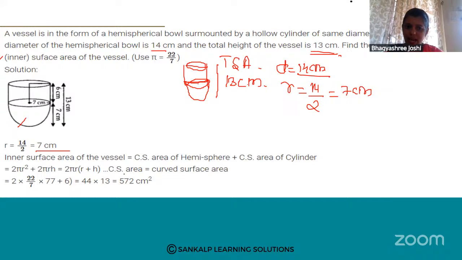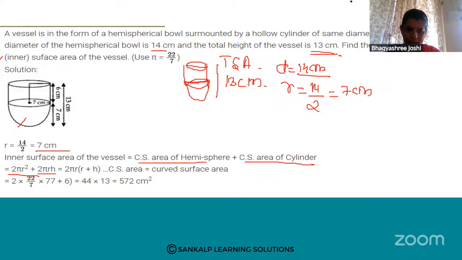Inner surface area of the vessel is equal to, inner surface area can be calculated by curved surface area of the hemisphere plus curved surface area of the cylinder, right? Curved surface area of the hemisphere is 2 pi r square plus curved surface area of the cylinder is 2 pi rh.